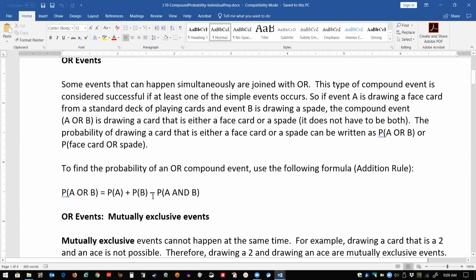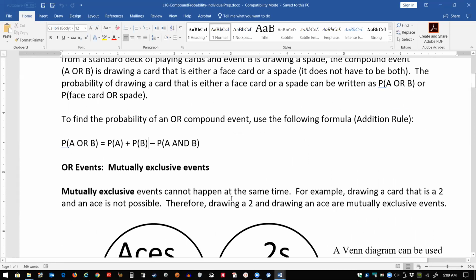We'll talk about the last little bit of this general formula later, but just keep in mind if your events are mutually exclusive, meaning they cannot happen at the same time, all you have to worry about for this formula is those first two terms. You just find the individual probabilities, add them up, and you're done.